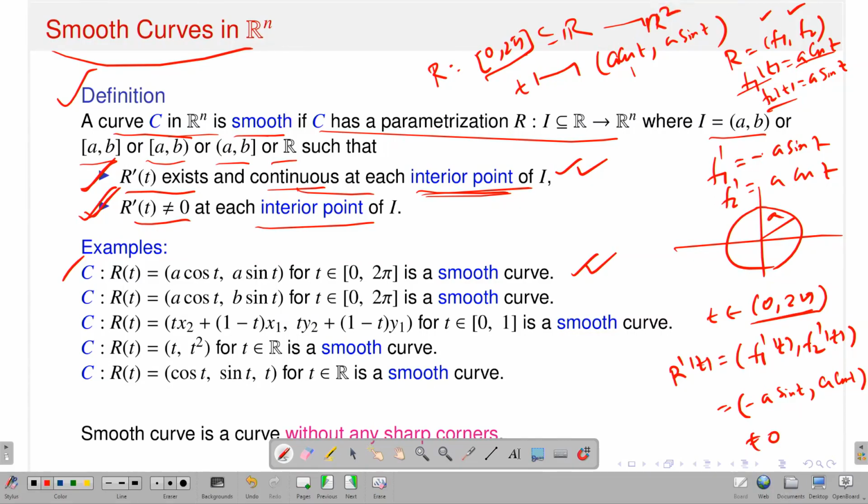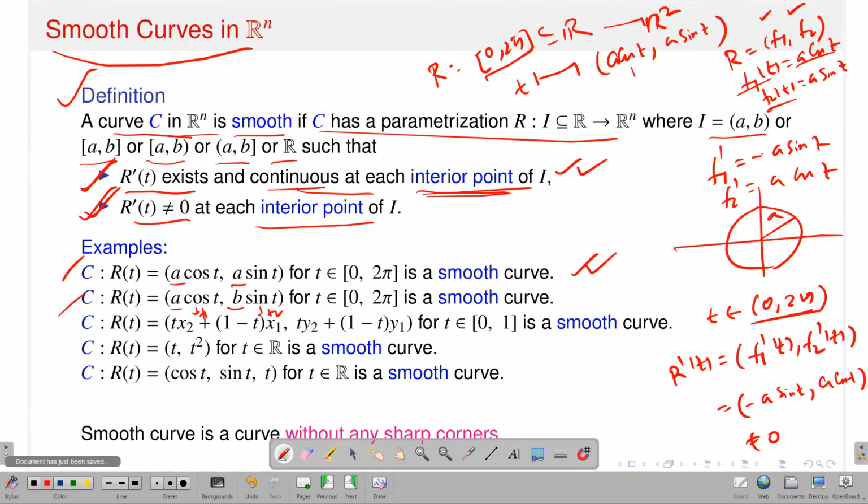Similarly, you can have a cosine t, b sine t. The first one is a circle. If I change the a and this is b, that is also a smooth curve. Why? Because these are the component functions, small f1 and small f2, which are continuous functions, so that gives a curve in R2.